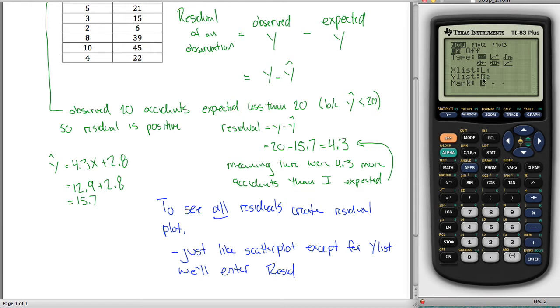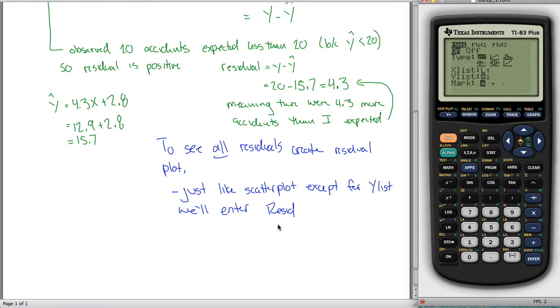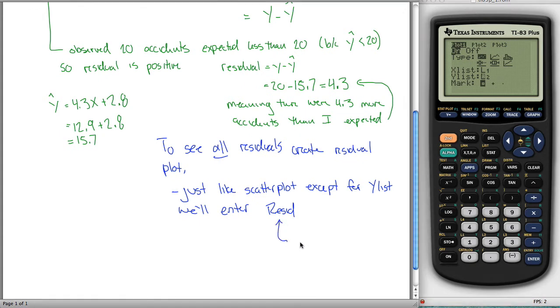So the way you can get your residuals in here is under second, list, which is second and then stat.